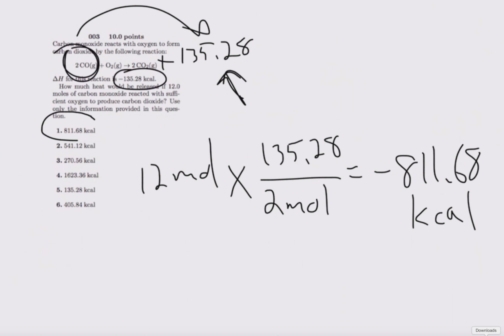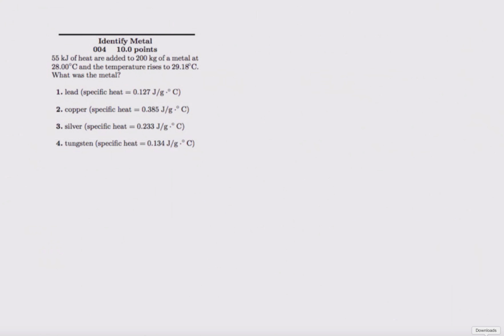If it takes 55 kilojoules of heat to change the temperature of a 200 kilogram hunk of metal from 28 degrees Celsius to 29.18, what is the metal? Well, we're given the specific heats of the metal, so we need to figure out which specific heat corresponds to the problem, and then we can identify the metal using that.